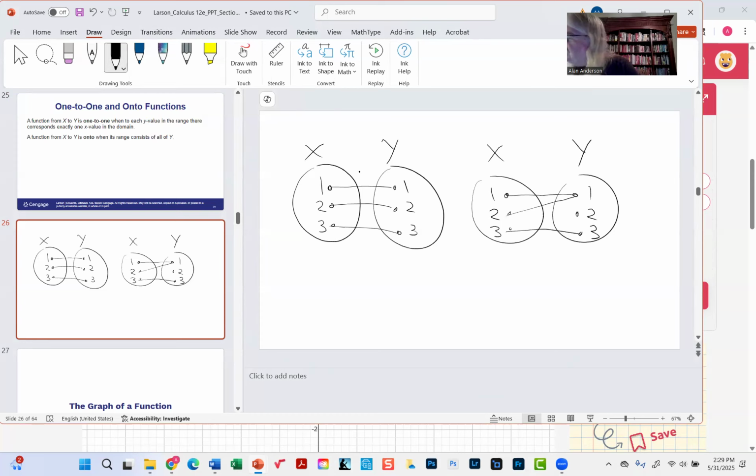Okay, so this one is a function. It's also one-to-one because each x is associated with a single y, but each y is also associated with a single x.